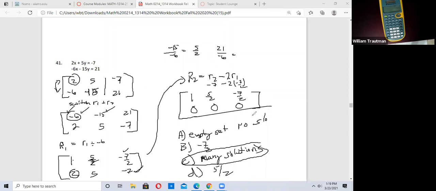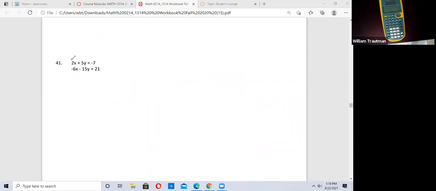And I'm going to show you a really quick way of doing these where you don't have to go through all this. So let's look at this. Look at row 2. Look at row 1.